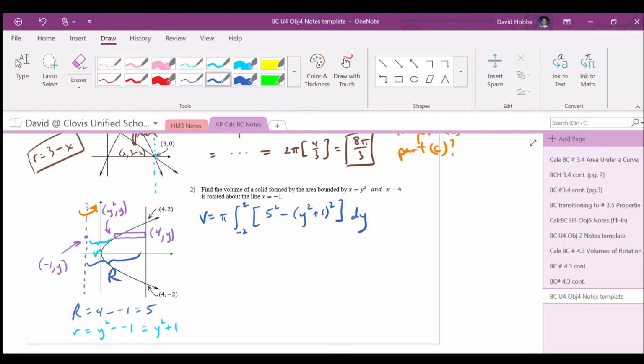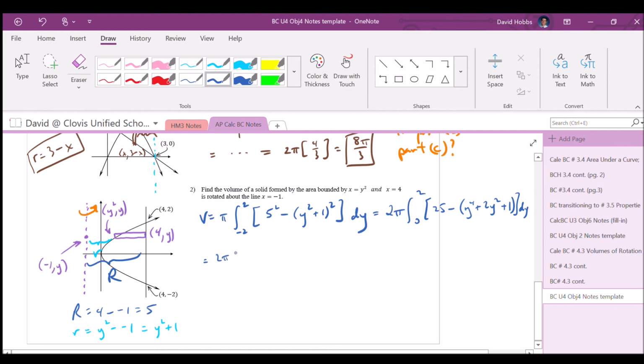Now, notice the symmetry though. If I just do the top half and double it, that's a nice thing to recognize. And so if I double it, I would get 2 pi, 0 to 2, 25 minus y to the 4th plus 2y squared plus 1, dy.